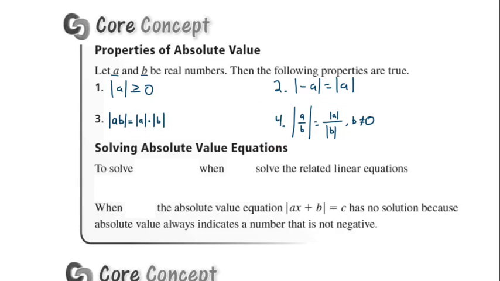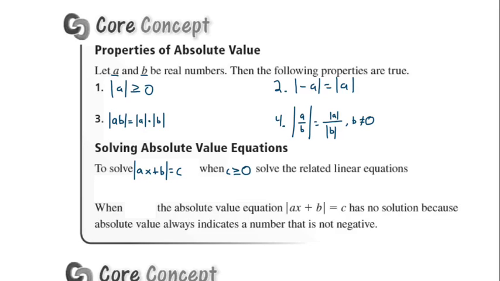Okay? Solving absolute values. So to solve the absolute value of ax plus b equals c, when c is greater than or equal to 0, the reason that's true is all absolute values have to be bigger than 0, otherwise it is a bad equation.